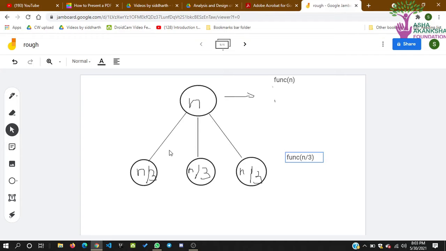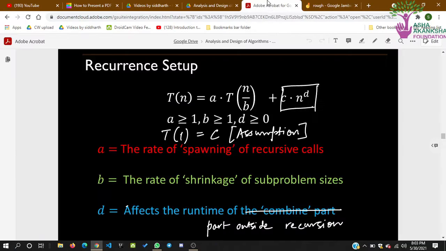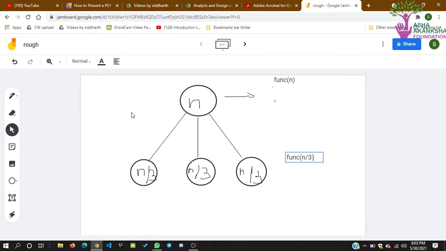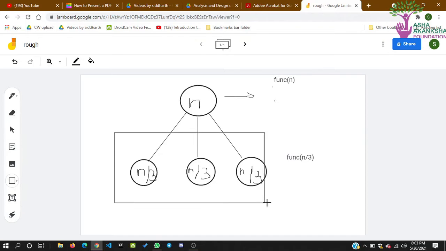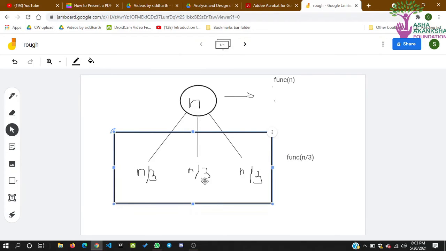So we take the value of a to be the number of subproblems generated. In this case, the number of subproblems generated is 3, so a is 3. A is the rate of spawning of recursive calls. Why? Because initially we do not know anything about this box and anything which is in it.